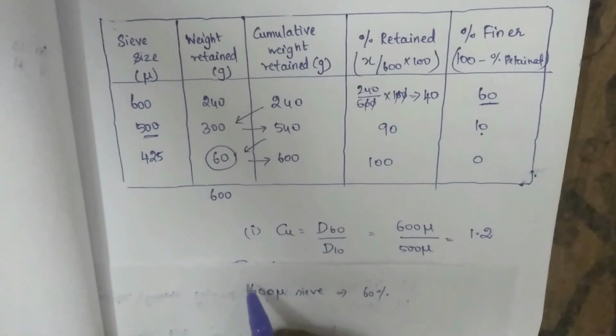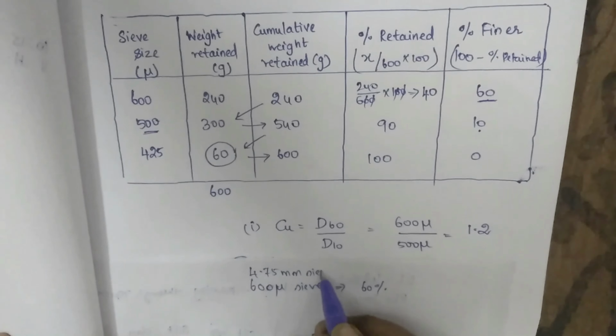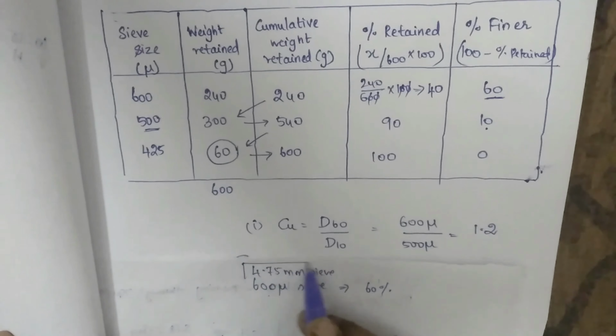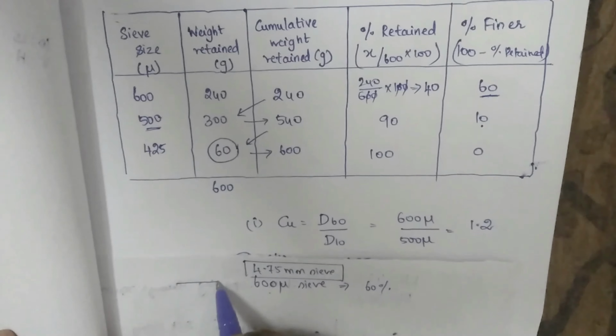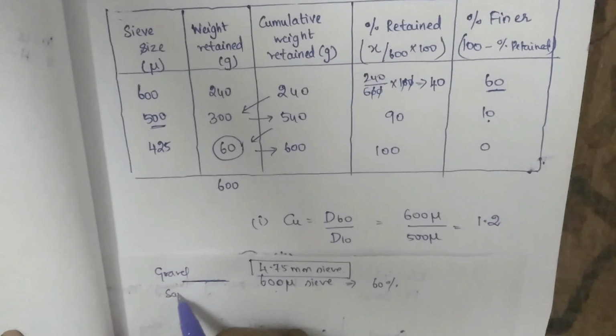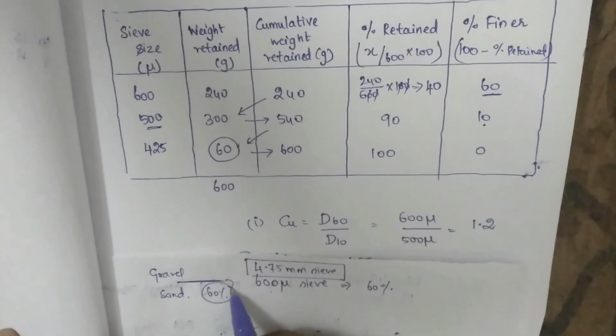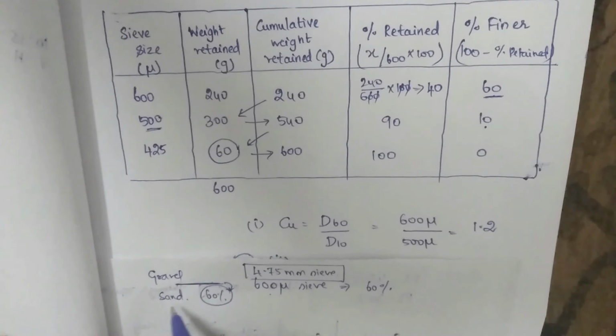It also passes through the 4.75 mm sieve. We have seen that 4.75 mm is the border between gravel and sand. So since 60% has passed through this, we can classify this as sand.